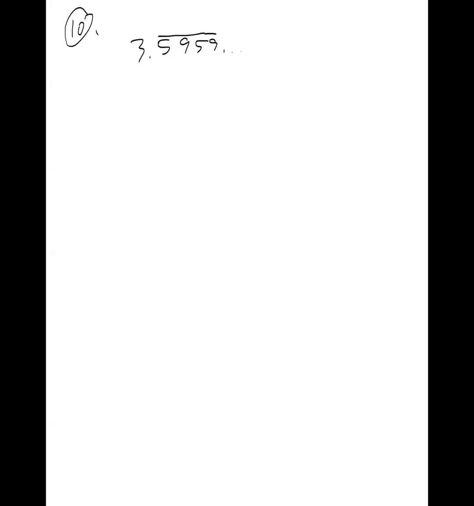So how do you express a repeating decimal from the infinite form to just a regular fractional form? The way you do it is you multiply by a multiple of 10 such that the repeating decimal begins right after the decimal point.